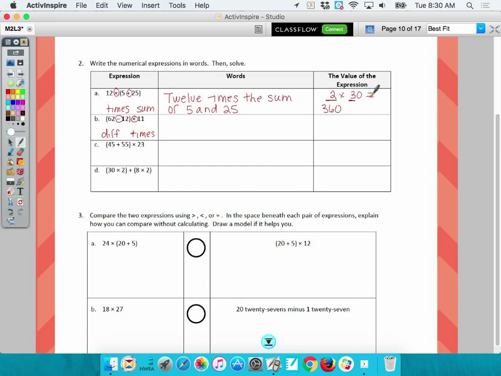The difference of 62, times 12. The difference between 62 and 12 times 11. Okay. Write it down.